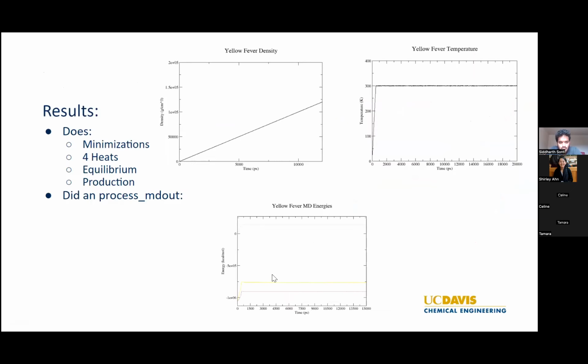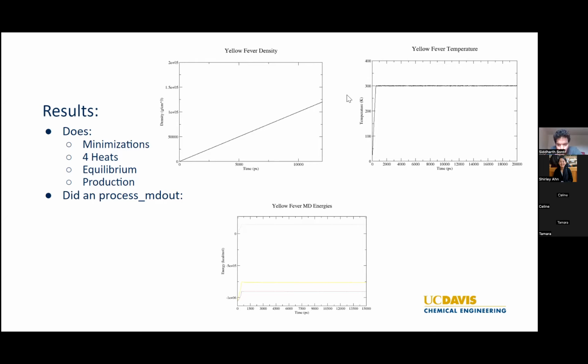From the minimization and heat results, I was able to get the density, temperature, and energies. We could see that the temperature stabilized around 300 Kelvin. For the energies, I know it's kind of hard to see.